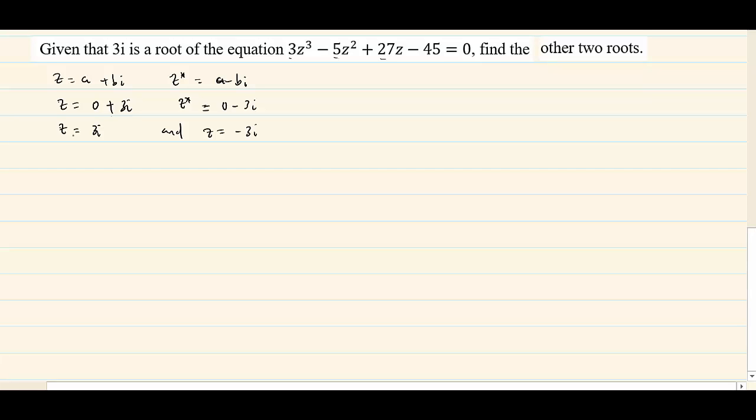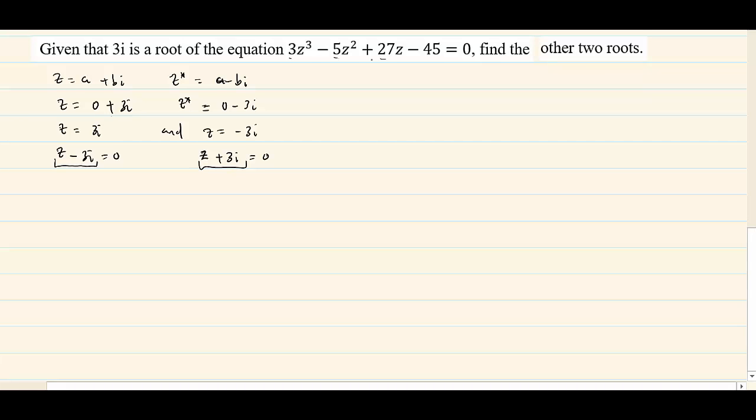Now, to reconstruct the factors that gave rise to these solutions, the factors are z minus 3i is equal to 0, and z plus 3i is equal to 0. So these two will satisfy this given expression.